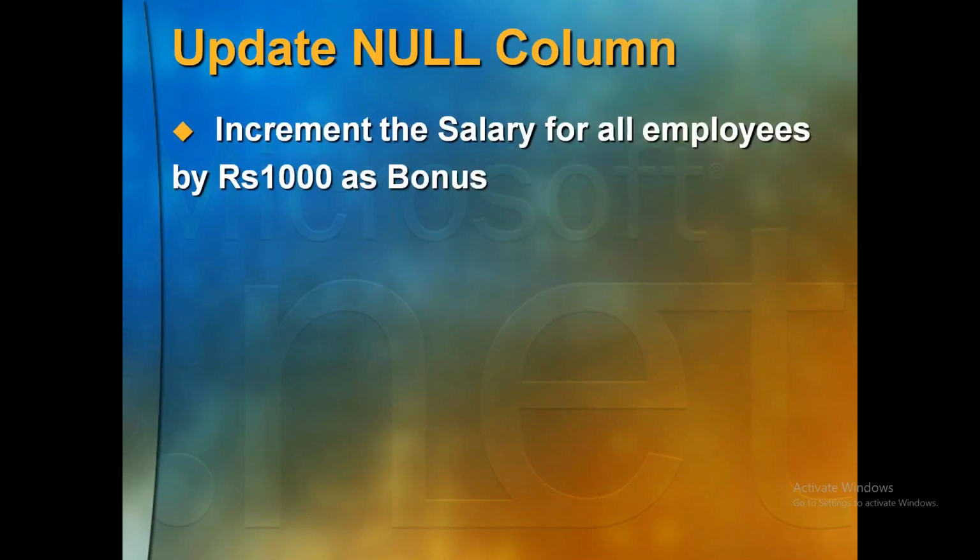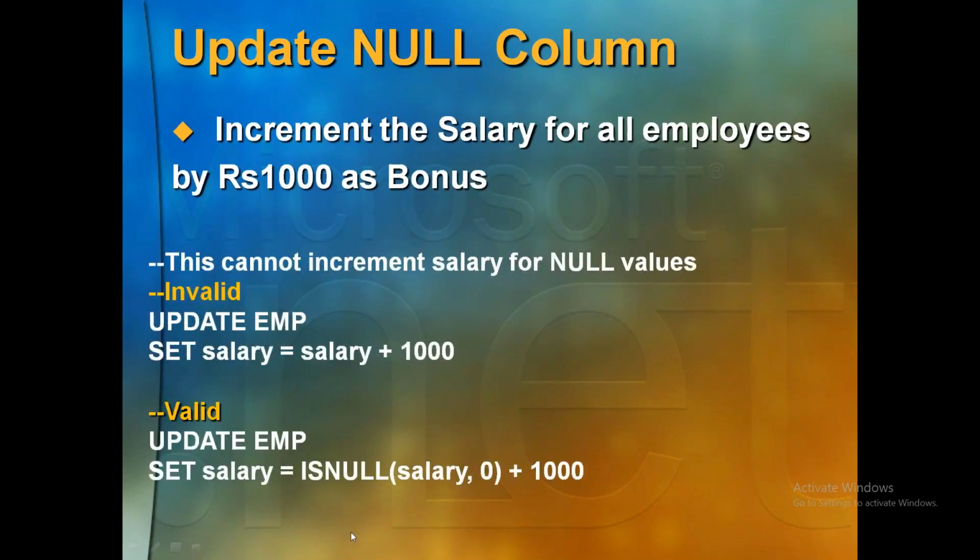Next thing is to increment the salary of all employees by 1000 as a bonus. So whatever salary you have, I need to add 1000 to that. So salary plus 1000 is to be added to the salary. I wanted to increment, but this cannot increment salary for null values.